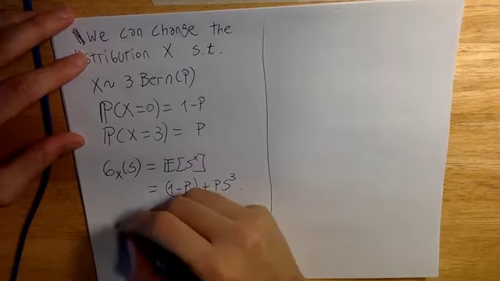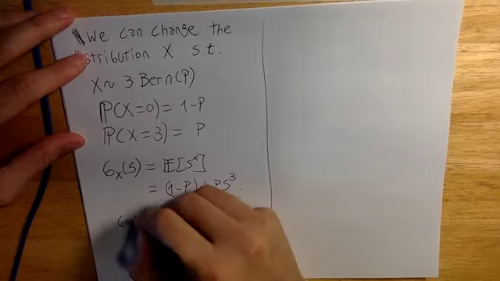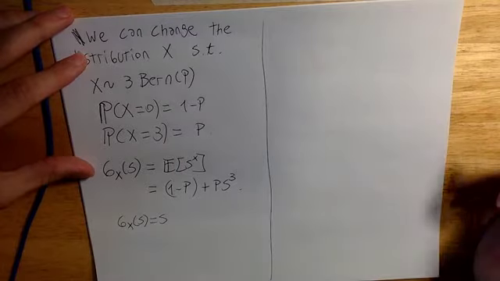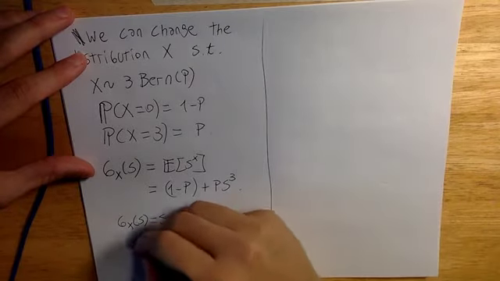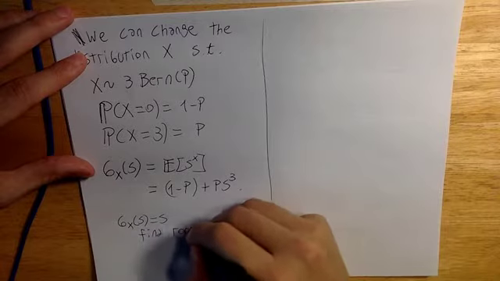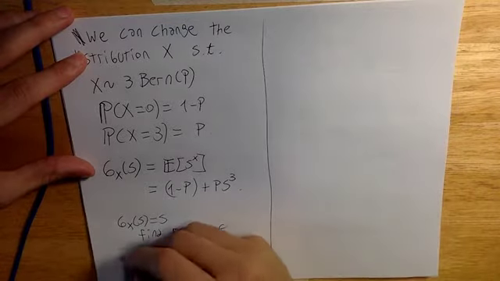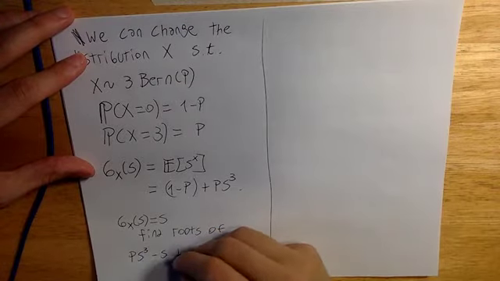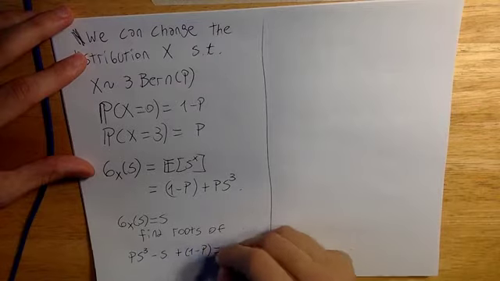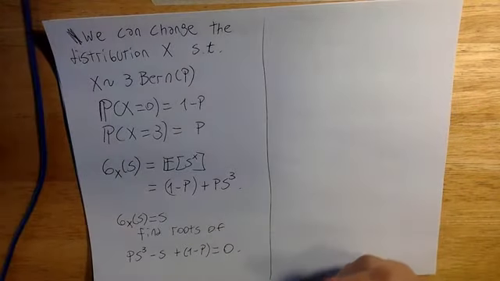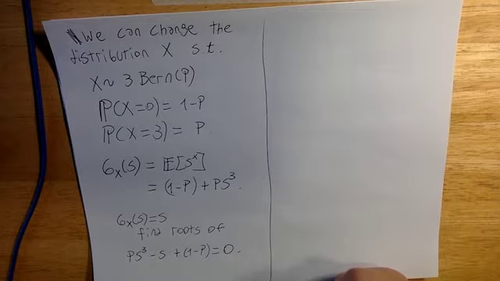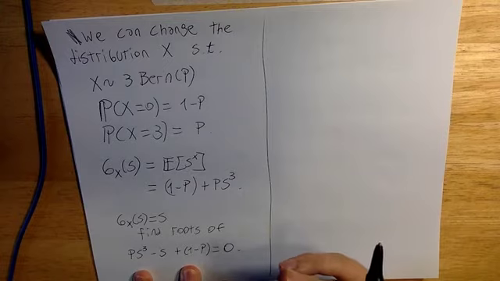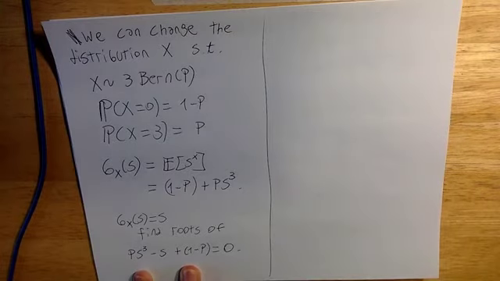So if we need to find solutions to gx of s equal to s, then we need to find roots of ps cubed minus s plus 1 minus p equals 0.